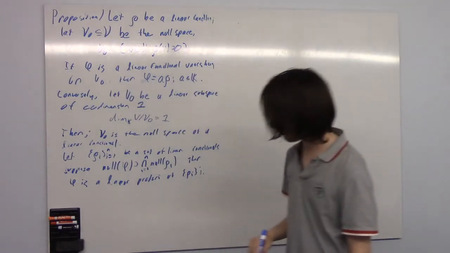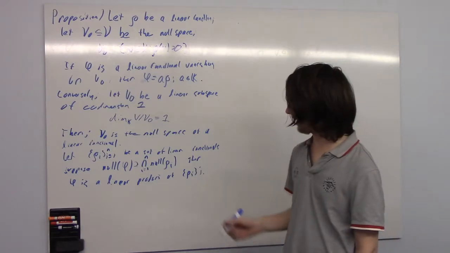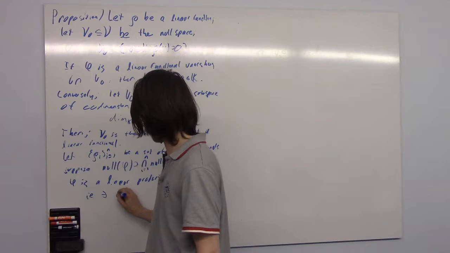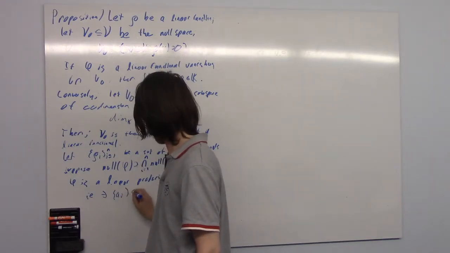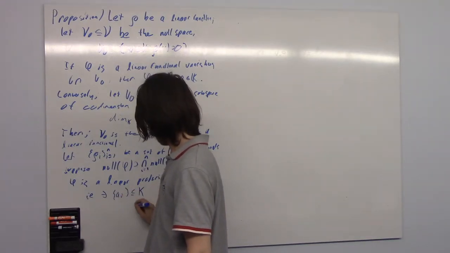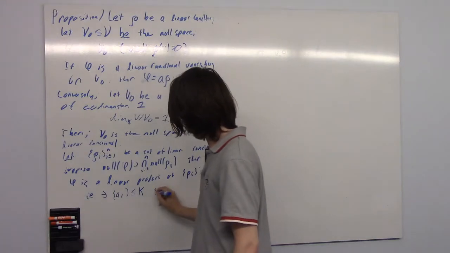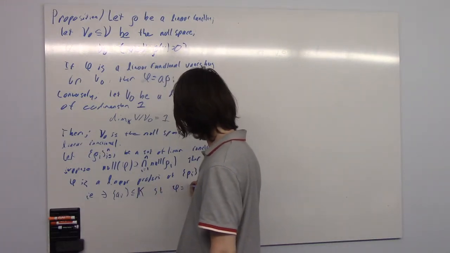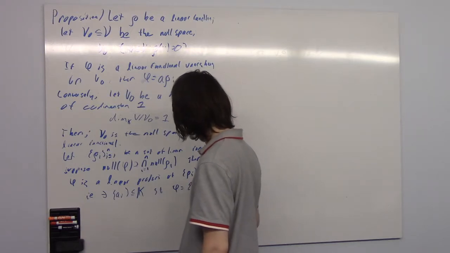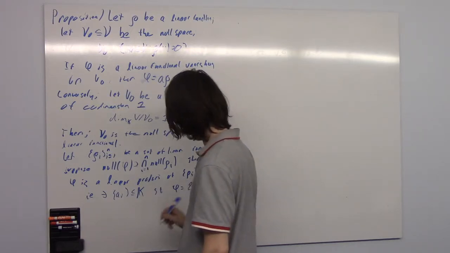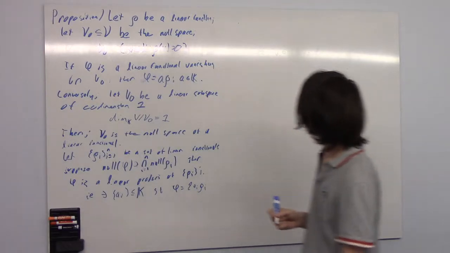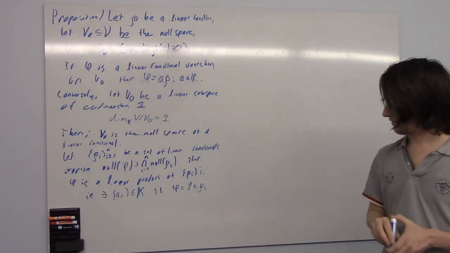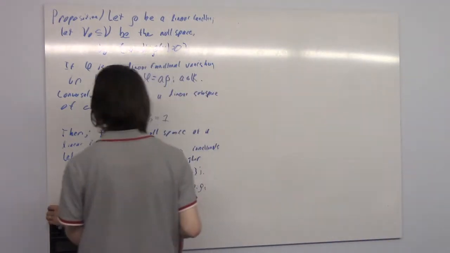So there exists some set a i in K, your field, such that phi equals the sum of a i rho i. I just think that's pretty nifty. Seems a little too weak, but it's true.